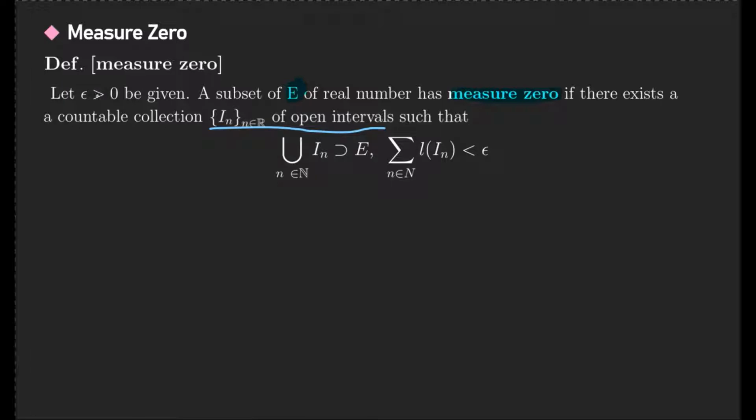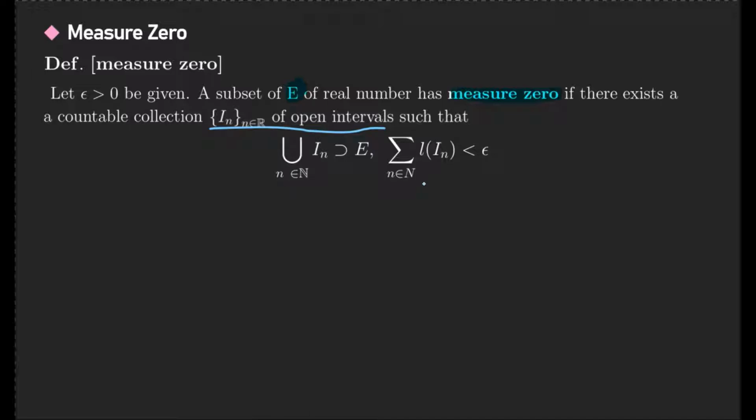This means that any epsilon can be given. If the epsilon is sufficiently small, then the length is less than epsilon, so the length approaches 0, when considering the definition of measure 0.